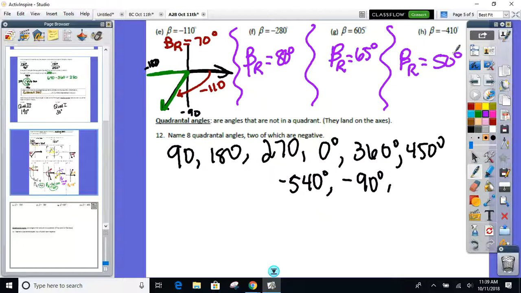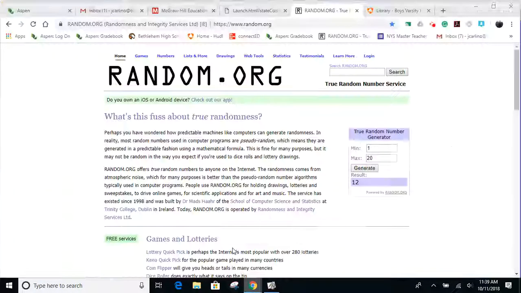It should be between 0 and 90 and positive, remember, for the reference angle.